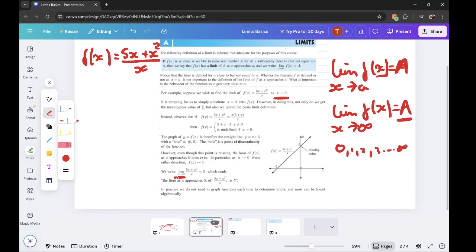Usually in the question it'll be given as limit x approaches 0, and this is all you will be given. In this case, they've been nice to you and said as x approaches 0. So this is your limit. As all the x values slowly lead up to 0, what does 5x plus x squared over x become?